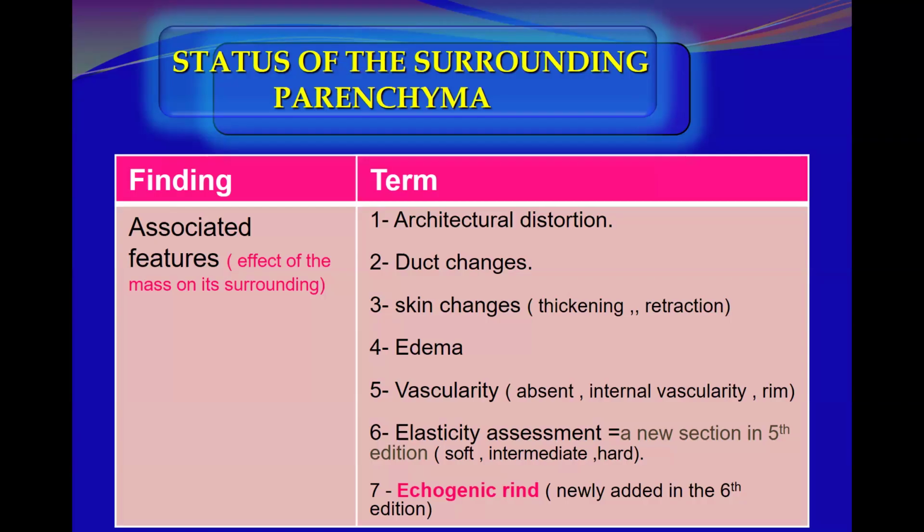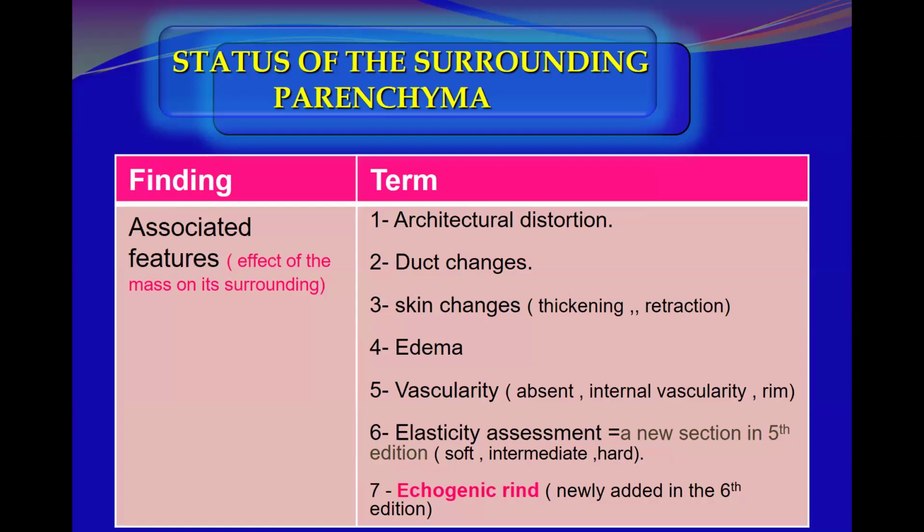And in addition to edema in tissue, and also the effect of vascularity in a lesion: is it present or absent? And if present, is it inside or outside the mass? And the elasticity assessment, whether it is hard, soft, or indeterminate, we are going to talk about in next week's session, inshallah.